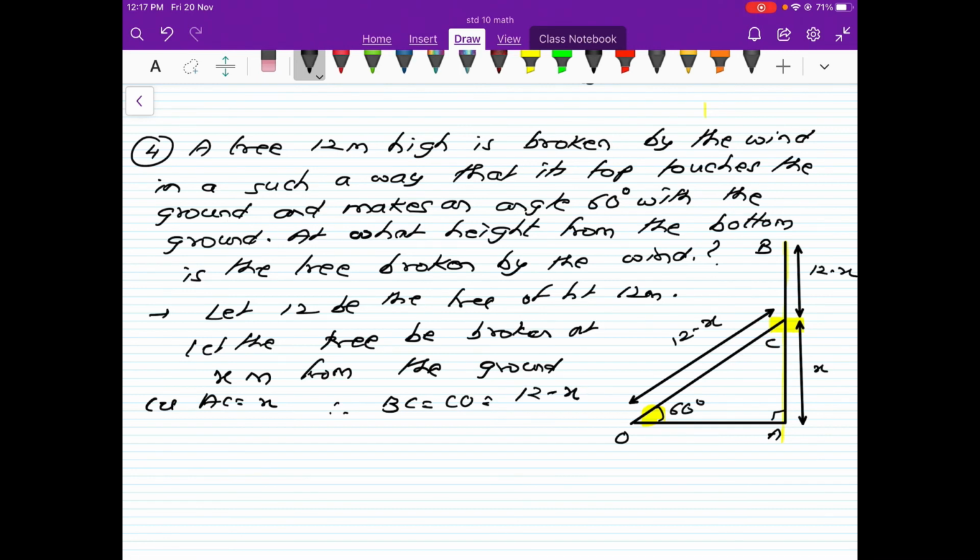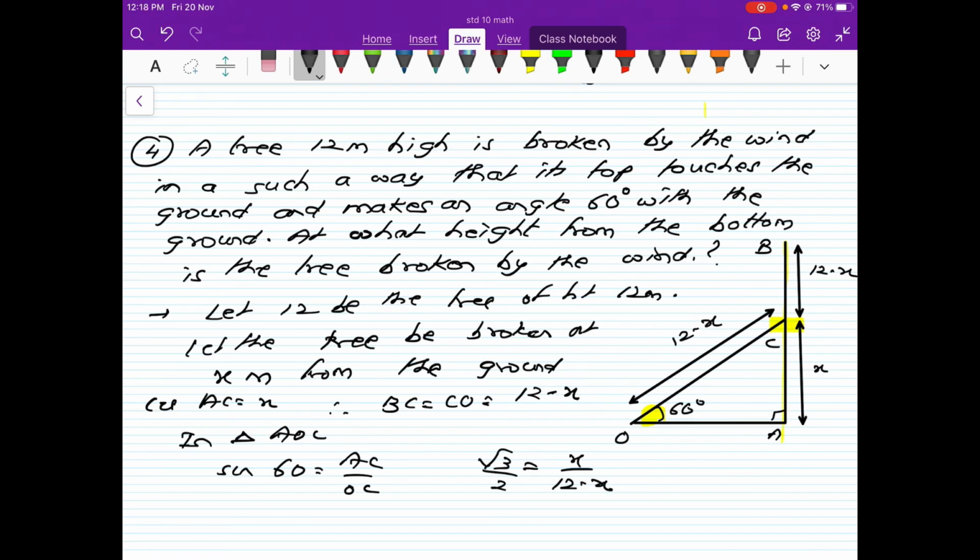Now angle AOC, so we will take first in triangle AOC, we can get sine 60, because the angle given is 60, is AC upon OC. So what is sine 60? The value is root 3 upon 2, and AC we have taken as x and OC we have taken as 12 minus x.